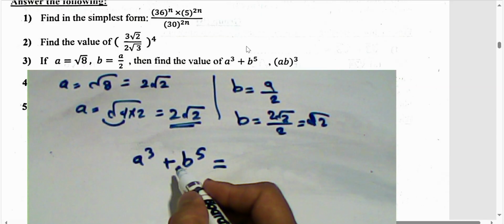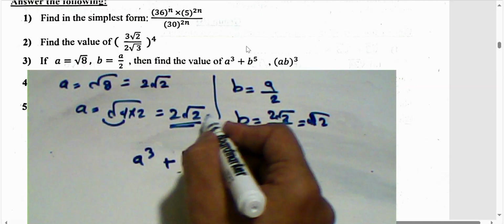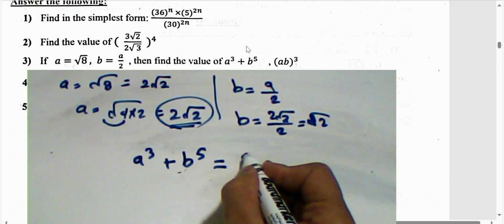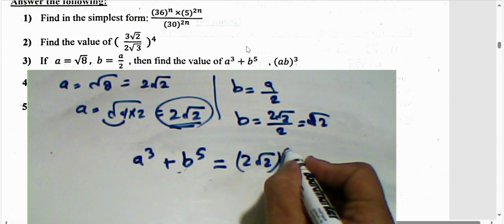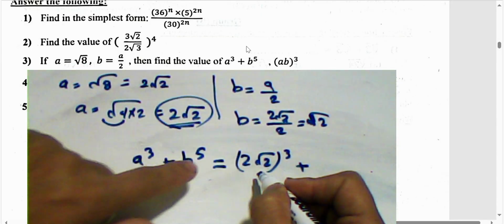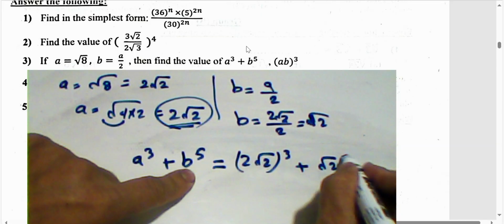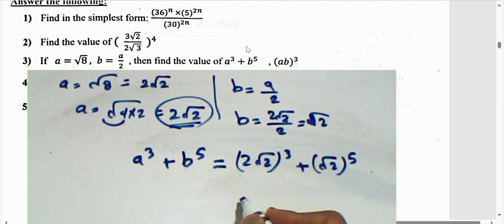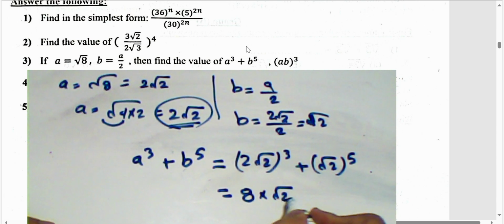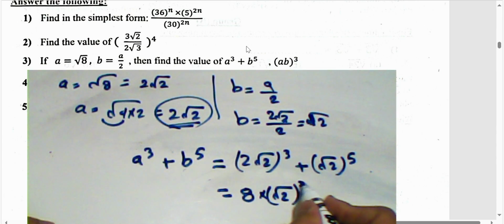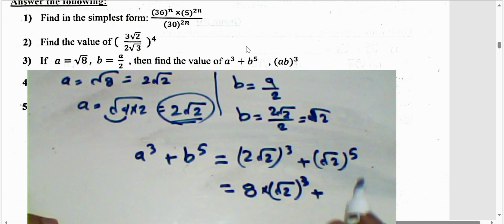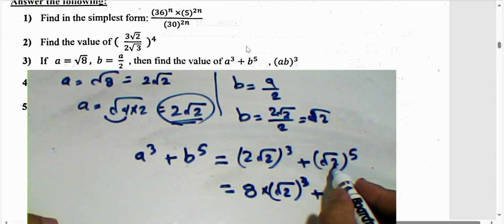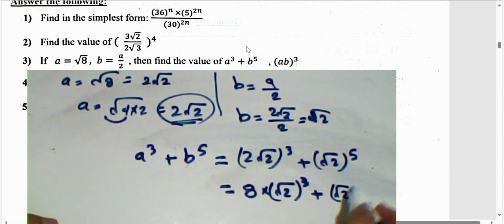Then a power 3 here equals this number, 2 root 2 all power 3, plus b power 5, root 2 all power 5. Then 2 power 3 equals 8 product by root 2 all power 3. Okay, don't worry, I will simplify it. And this number root 2 power 5 we can write root 2 product by root 2 power 4.